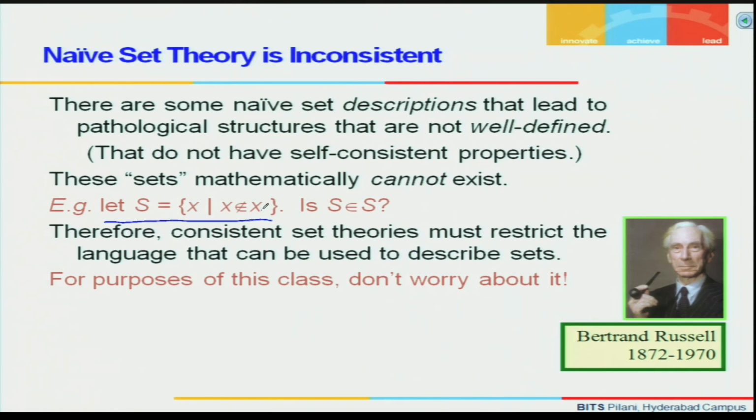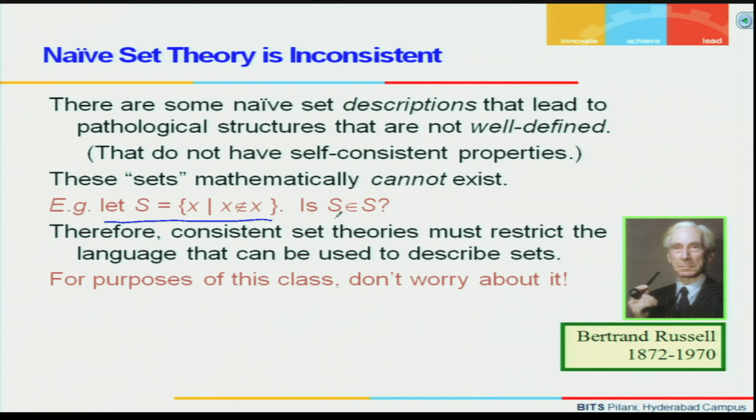S is defined as the set of all x such that x does not belong to x. Set theory enables you to define a set like this. So, you can define a set like this.